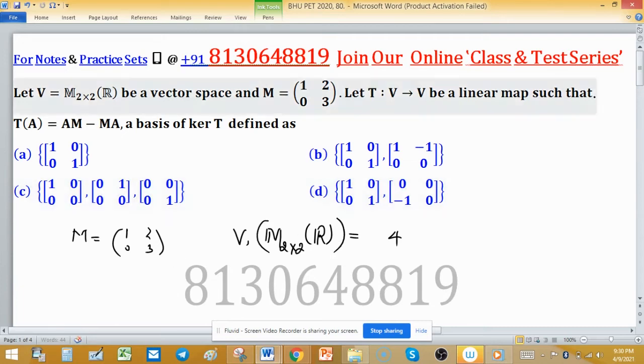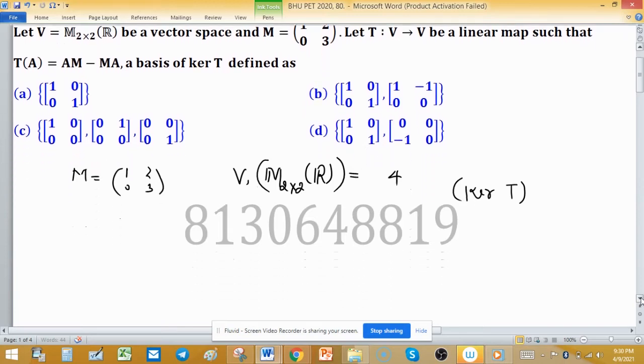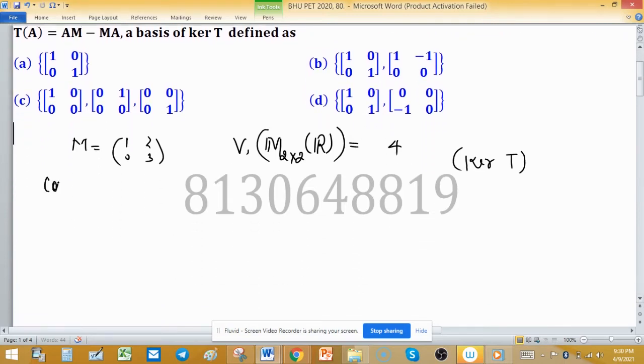We have to find a basis for kernel T. Let us consider a 2 by 2 matrix. Elements are a, b, c, d. It is the general form of 2 by 2 matrices over R.